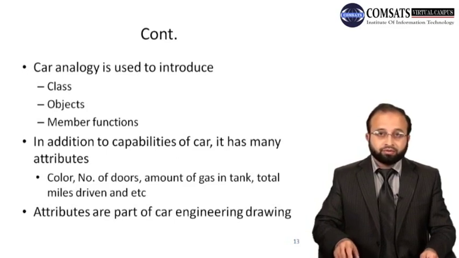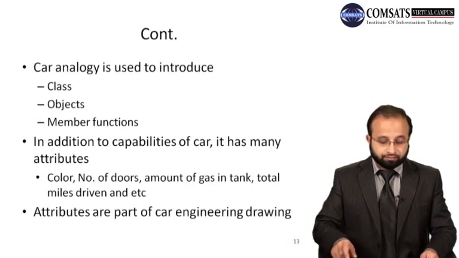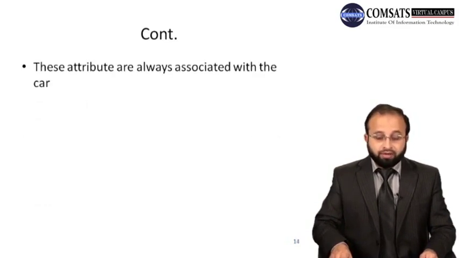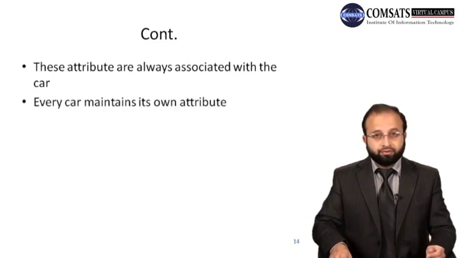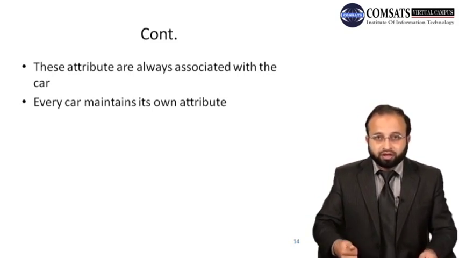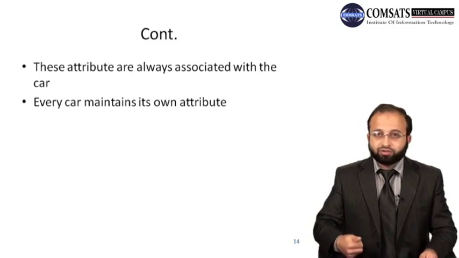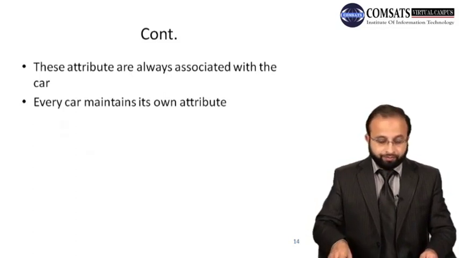These attributes are used in the car engineering drawing to perform the various capabilities. These attributes are always associated with the car, and every car maintains its own attributes. So my car has its own attributes and your car has its own attributes.